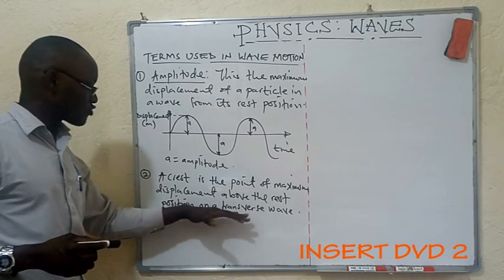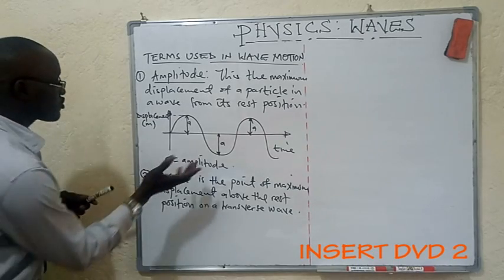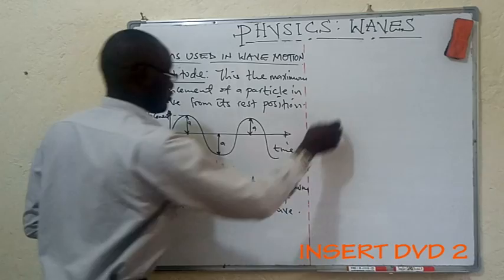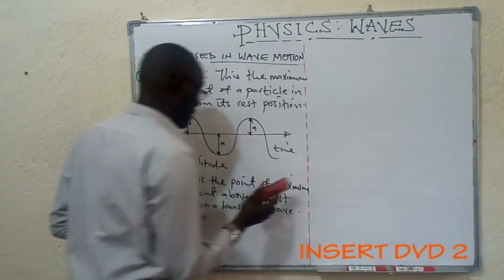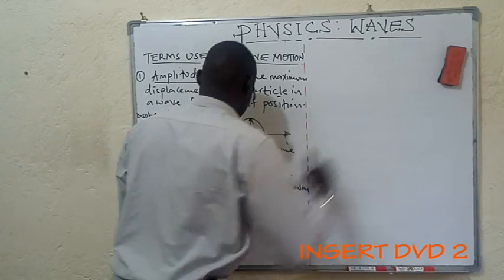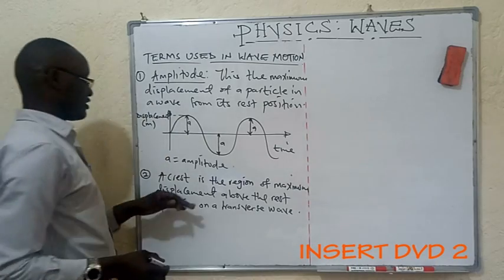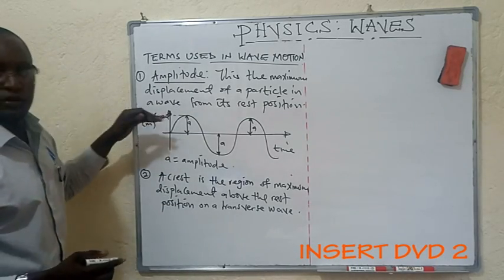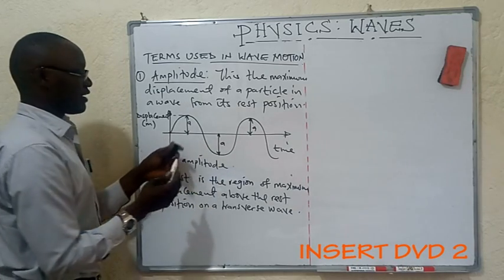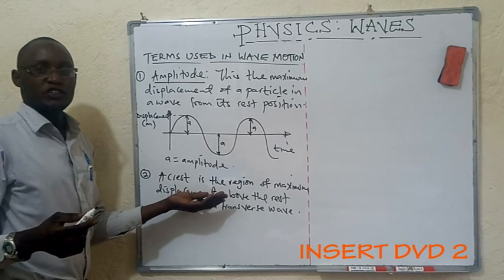So this is limited to only a transverse wave. Well, actually, we were supposed to use the word region of maximum displacement. Let us use the word region: a crest is the region of maximum displacement above the rest position. So the whole of this is a crest. We can talk about a point, no problem.